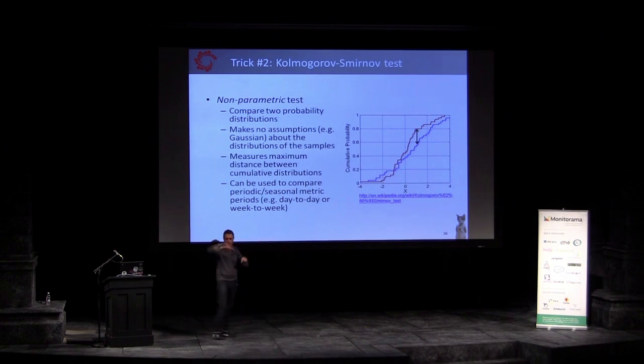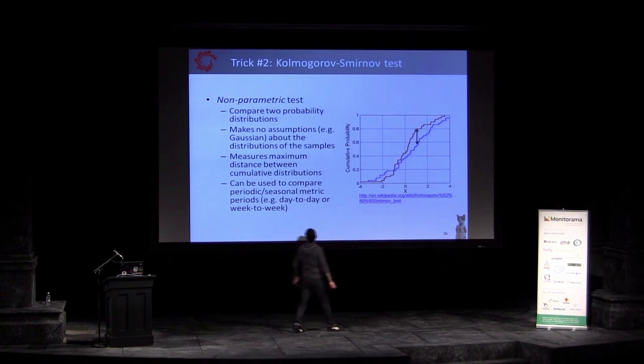In essence, it's the integral under the distribution curve, so it'll always end up between 0 and 1, right? As you integrate your distribution of the samples, it's going to go from 0 to 1. So it makes absolutely no assumptions. It measures the maximum distance between two cumulative distributions. So you've got here two different cumulative distributions, and that's the maximum distance between them.